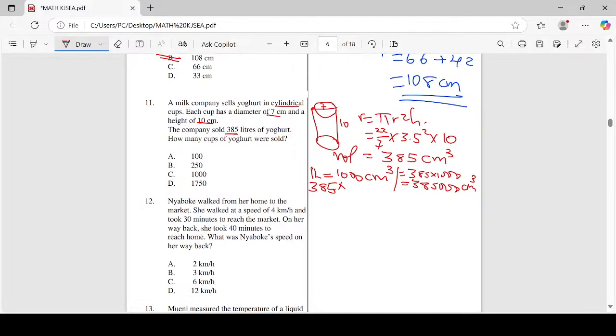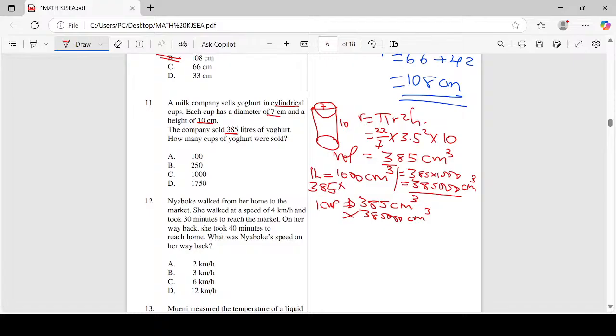This is the total volume of milk that was sold. Each cup was holding milk of size 385 cubic centimeters. So to get the number of cups, you ask yourself, 1 cup had a capacity of 385 cubic centimeters. What about these 385,000 cubic centimeters?